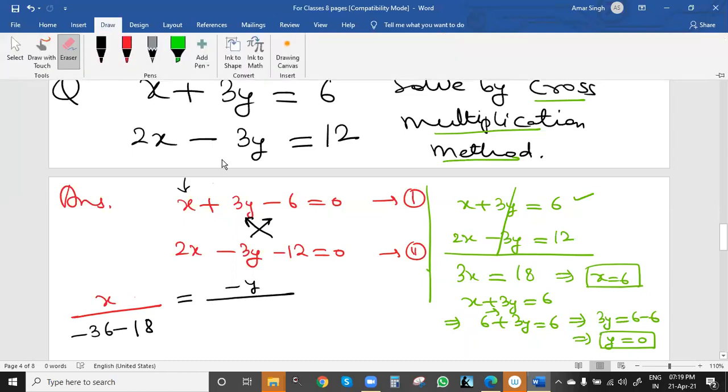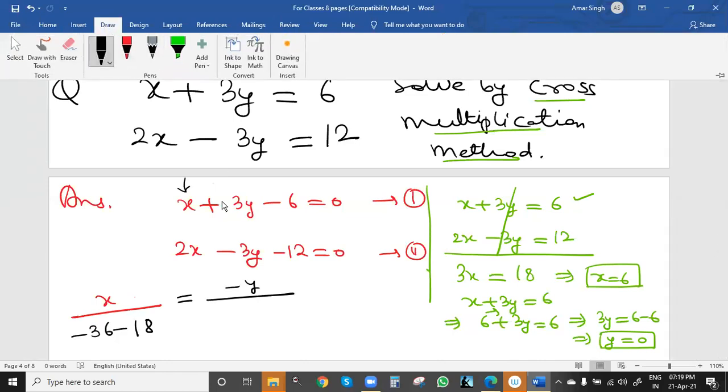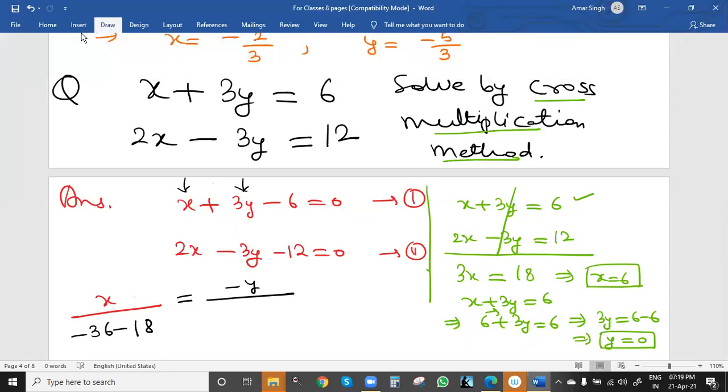If you start this cross multiplying from the right hand side, then we have minus. This column will be ignored, and how do we multiply? Cross: this value minus 12 into 1, minus 12, and this value 2 into minus, this minus sign we will put first, and in bracket we'll put minus 12, because 6 into minus 2 or 2 into minus 6 is minus 12.